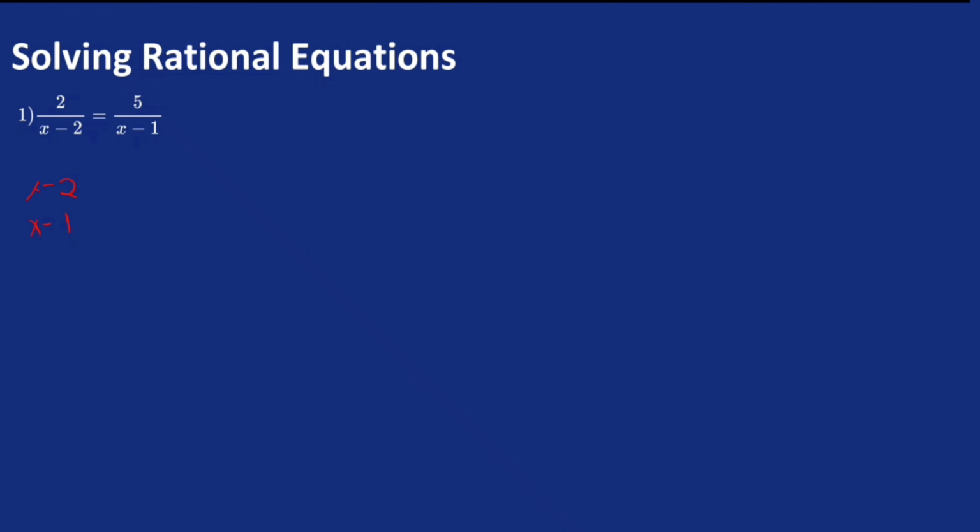So that means they themselves are already the factors. And in your LCD, if there are no common factors, your LCD will simply be the factors multiplied to each other. So that means it's x minus 2 times x minus 1. And this is what we will use to eliminate the denominators from the rational equation through multiplication.